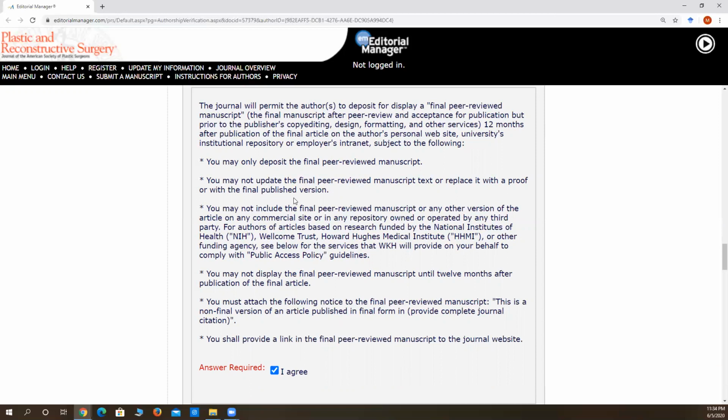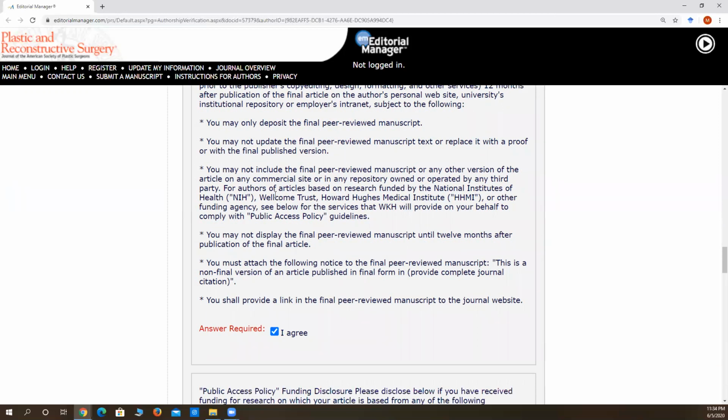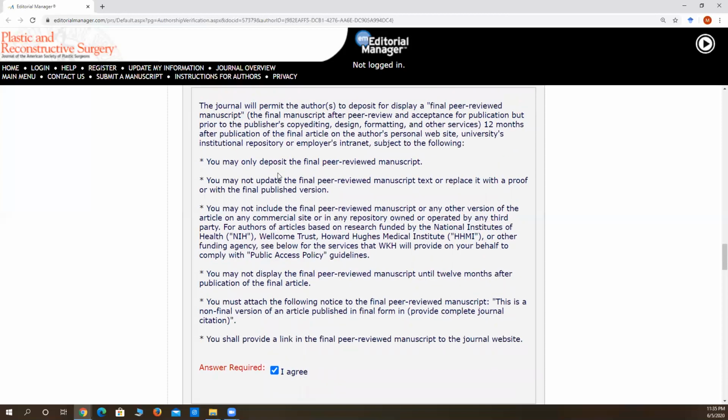This is a very important point, and make sure to read it, because some people think they can share, for example, their work on ResearchGate, and ResearchGate is open access, everybody can see it, and this violates the form that you filled when you published your article if it wasn't open access. If it's open access, no problem, but if it's not, you can't share your article with other people without having permission from the journal, especially on websites like ResearchGate, because everybody can access that.